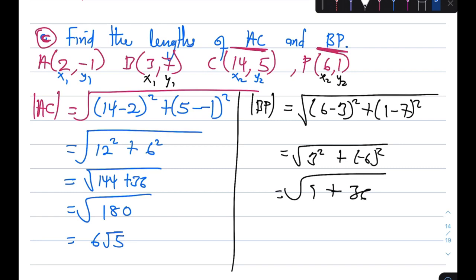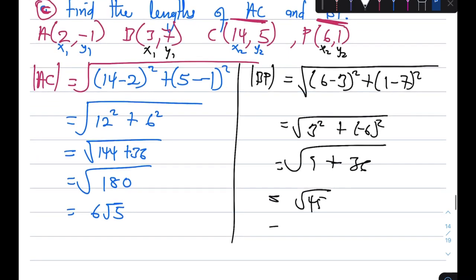So 36 plus 9 will give us 45, and now we can take the root of 45. The calculator says our answer is 3 root 5. So these are the lengths that they wanted us to find.